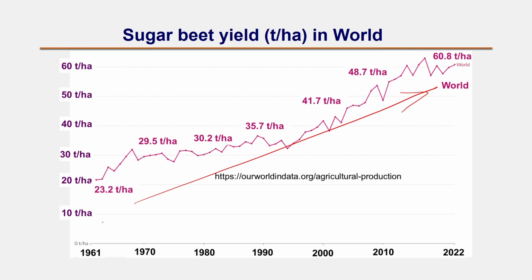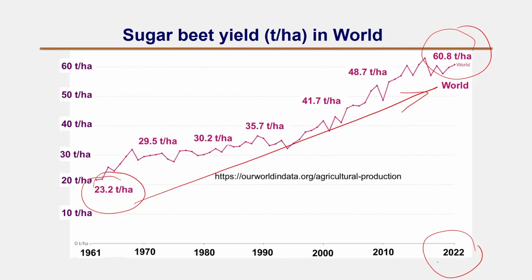For example, in year 1961 it was 23.2 tons per hectare, which has increased to 60.8 tons per hectare, almost 3 times, roughly more than 2.5 times increase in total productivity of sugar beet in the world. So finally in year 2022 you can see 60.8 tons per hectare is the productivity of sugar beet in the world.